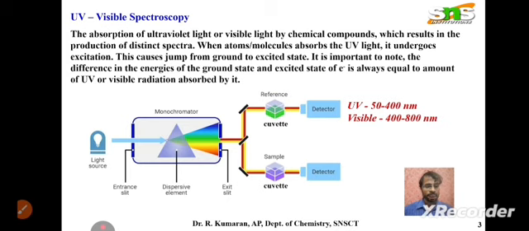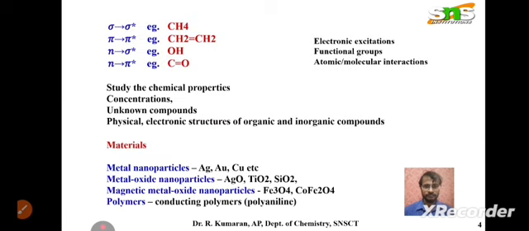Okay, so this is the instrumentation picture that we can view from the PowerPoint slide. It shows UV in the 50 to 400 nanometer range and visible in the 400 to 800 nanometer range. So sigma to sigma star excitation, pi to pi star excitation, n to sigma star, n to pi star.